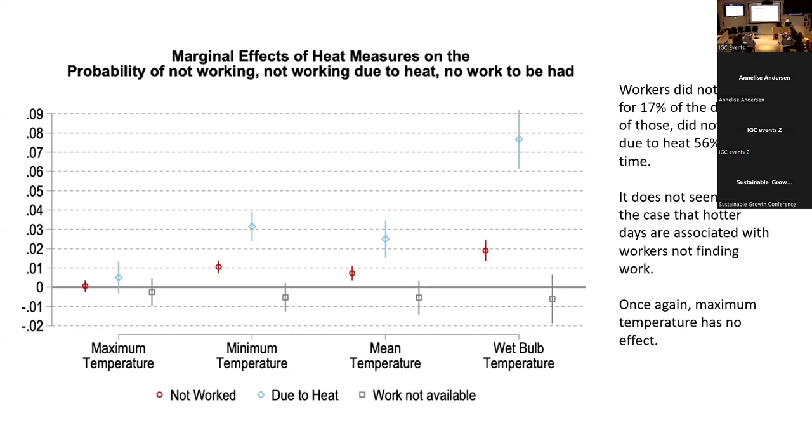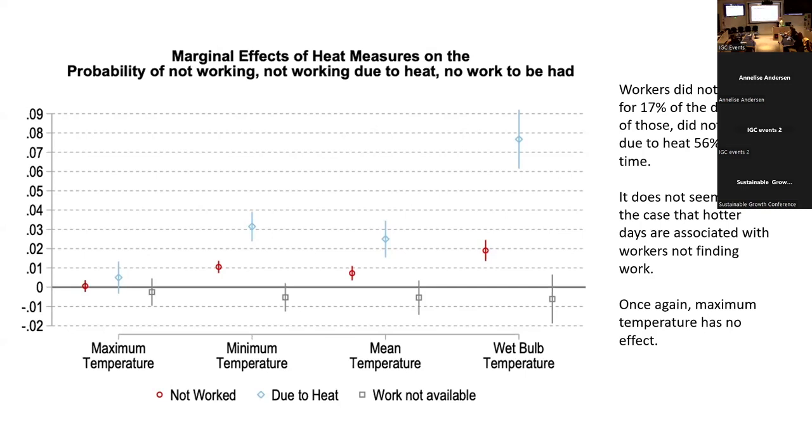And if you look at the gray ones, the reason expressed for not going to work being that work was not available didn't seem to be affected by any of the temperature measures. But as you can see, there is an effect of temperature.